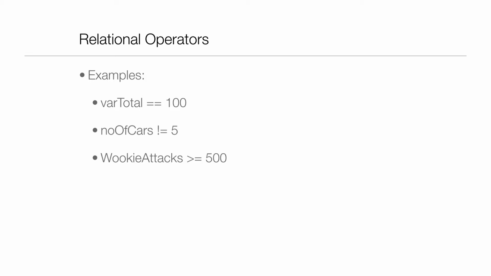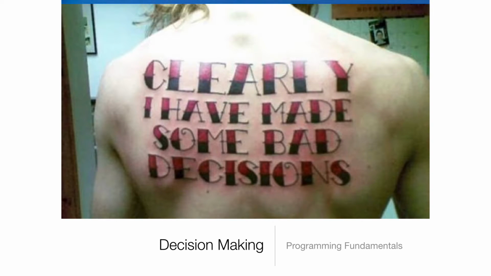If it was anything else, it would be true. So same with, obviously, Wookiee attacks, if it's greater than or equal to 500. Because, as you know, Wookiees kill more than 500 people at a time. Anyway, so they're just some examples of the different operators you can have. As I said, there are many more, but they're the ones. All right, decision making.